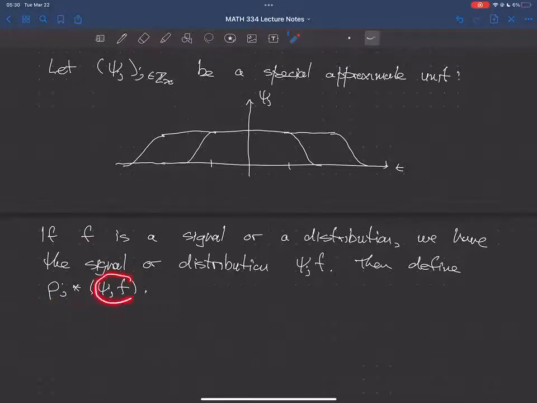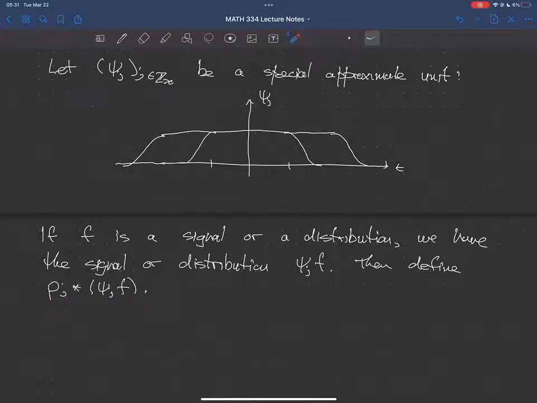These two will be convolvable because both rho j and psi j have compact support and f is locally integrable. If you look at the formula that defines convolvability, you'll see this pair will always be convolvable, so I can always calculate that thing.